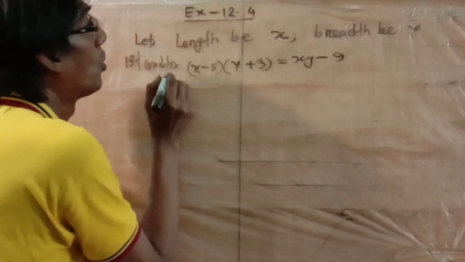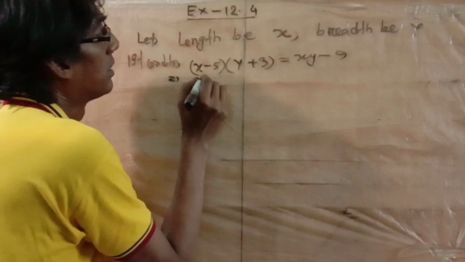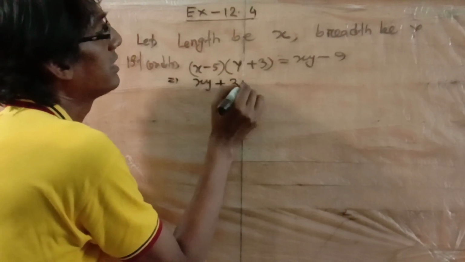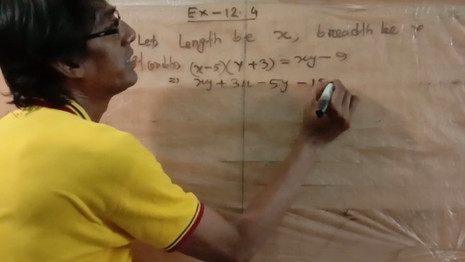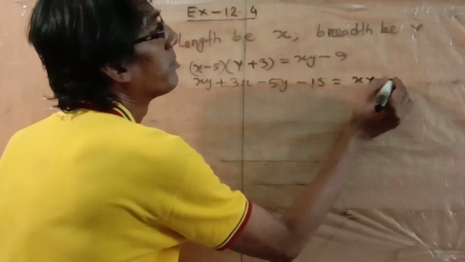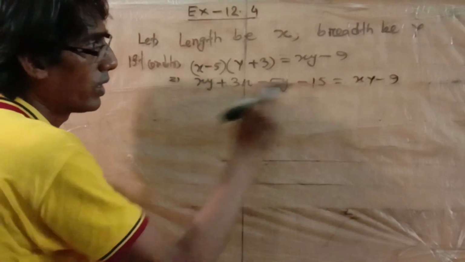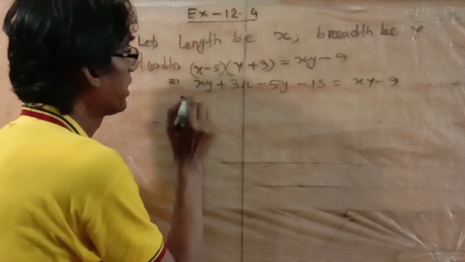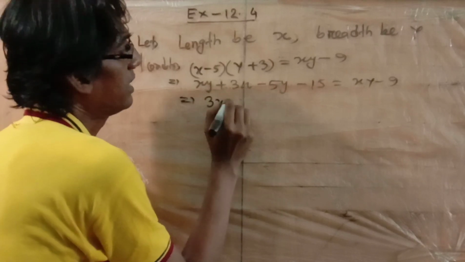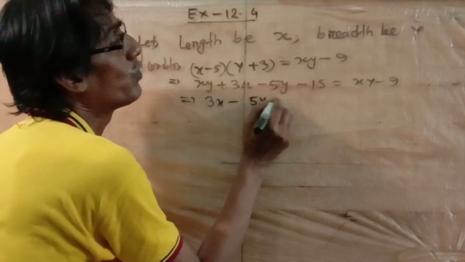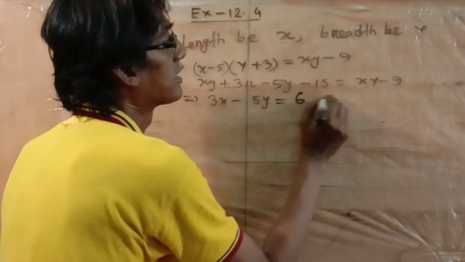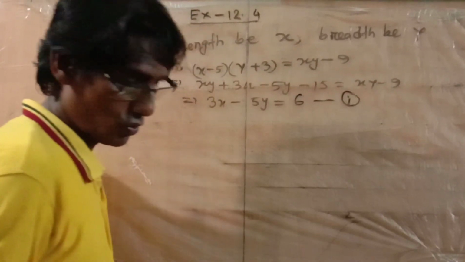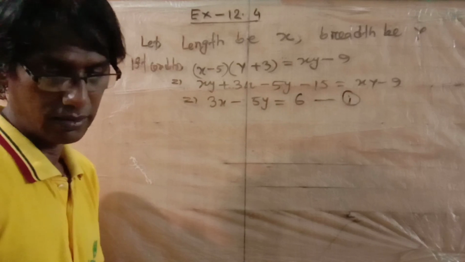Look at here: xy plus 3x minus 5y minus 15 equal to xy minus 9. Here xy is omitted from both sides. So what I get: 3x minus 5y minus 15 equal to minus 9, that is, 3x minus 5y equal to 6. So equation number 1. Clear?